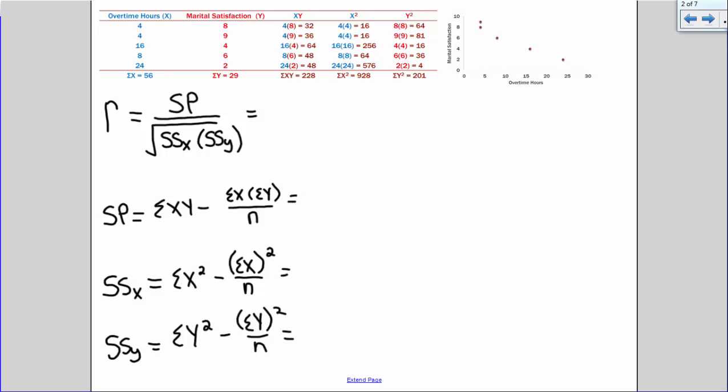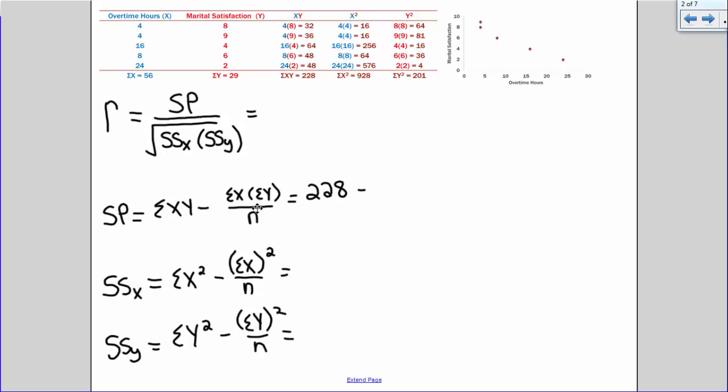Okay, so we've got the sum of products. Let's start there. And now you'll see why these preliminary calculations are important, right? Because for the sum of x times y, I took the sum of each x times its respective y for each person. So 4 times 8, 4 times 9, 16 times 4, 8 times 6, and 24 times 2. I even color-coded. You see it all right there. Find those values, add those together, and that gives you the first value in your sum of products. Each x times each y added together, 228.